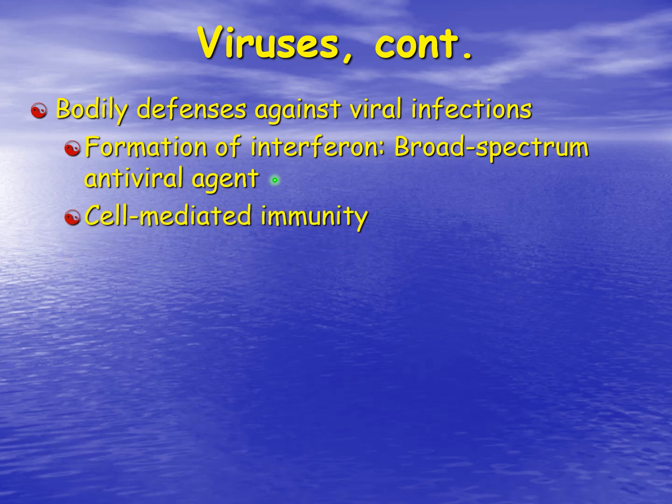We can see cell-mediated immunity against virally infected cells using the cytotoxic T cells, and we actually can make antibodies against certain viruses. One of the reasons that HIV is so hard to make antibodies against is because we simply don't get to see the virus long enough to activate B lymphocytes and form antibodies.